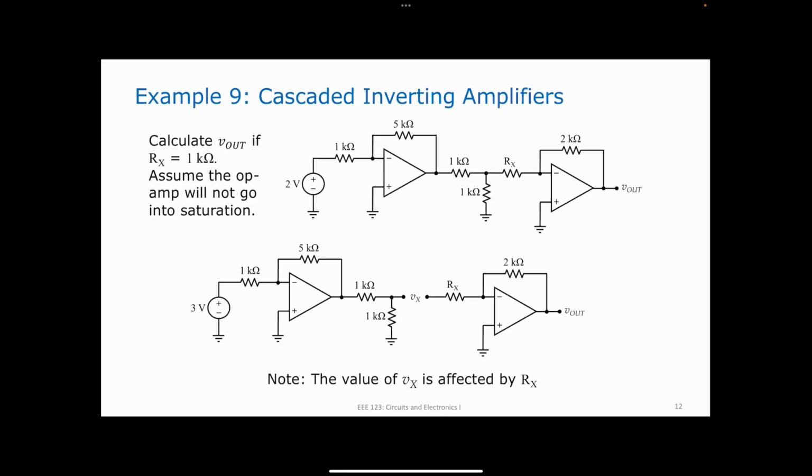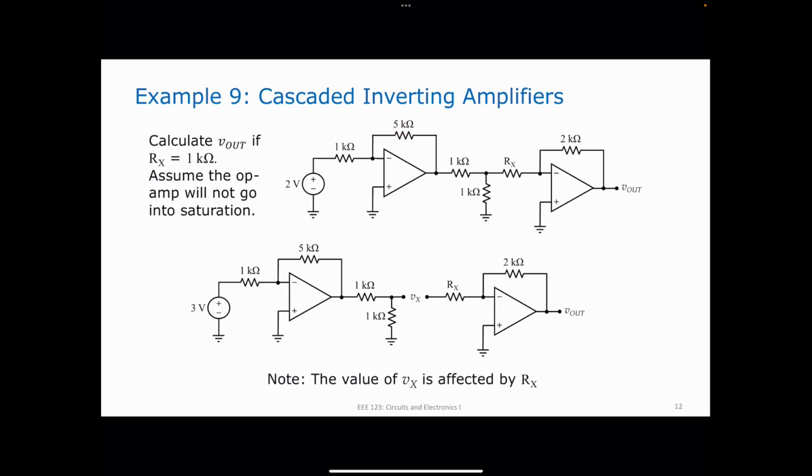So let's take an example. Here I have two circuits. This is an inverting amplifier, and this is also an inverting amplifier. We already took up what the output of the inverting amplifier is. For an inverting amplifier, your gain is your feedback resistor divided by your input resistance, made negative. So the gain of this inverting amplifier is -5.